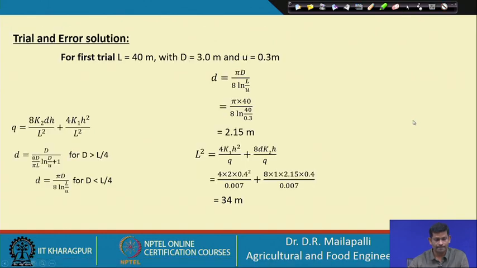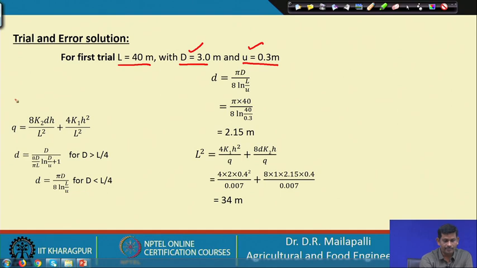So, let us see this. The first trial, let us say L is equal to 40 meter, D is equal to 3.0 meter and u is equal to 0.3 meter. These values are given from the previous example and previous slide.